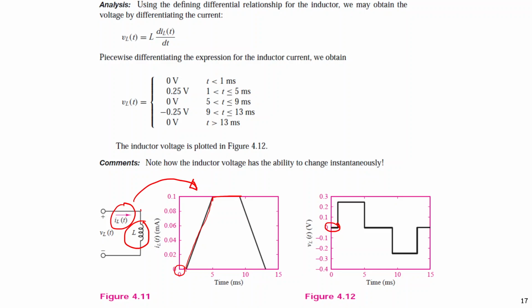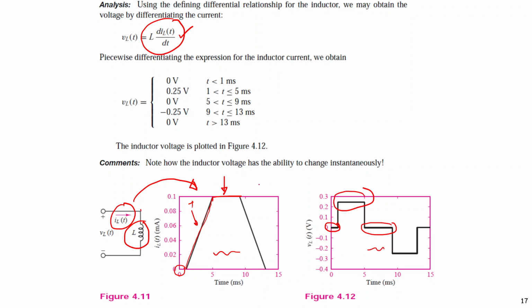When the current increases with positive slope, the voltage is there by this equation. Then the current is just constant, no change, so the voltage is zero during this period, 5 to 10.